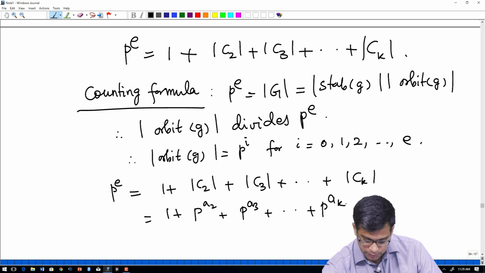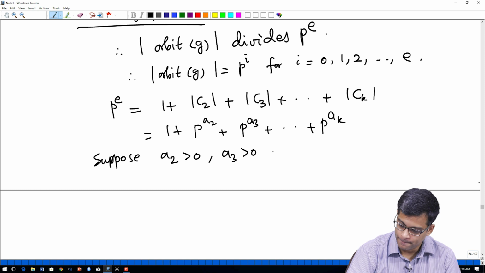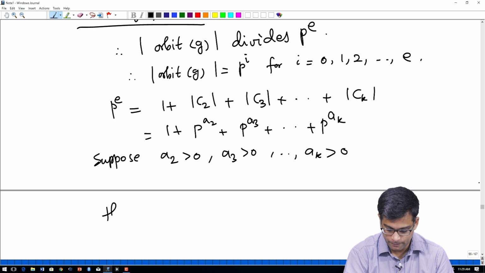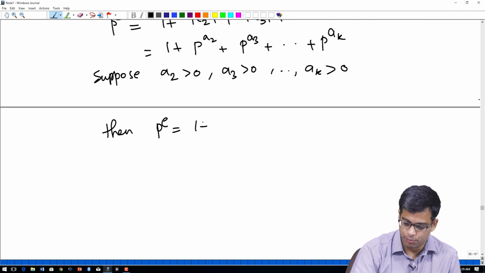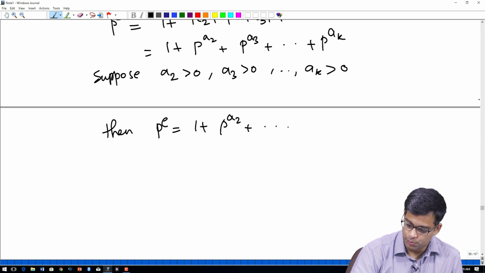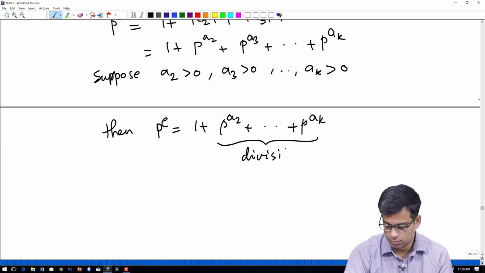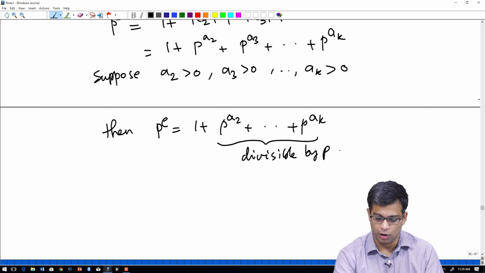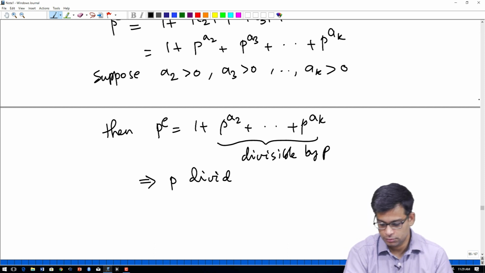Suppose a2, a3, up to ak are all positive, then p power e will be 1 plus p power a2 plus up to p power ak, and this whole thing is divisible by p, because if they are all positive, that means p divides the sum.